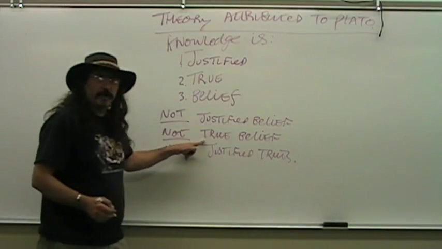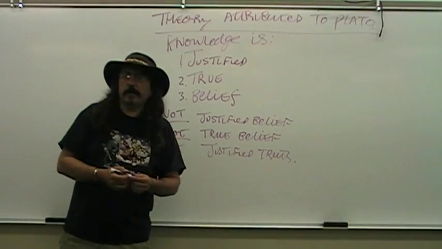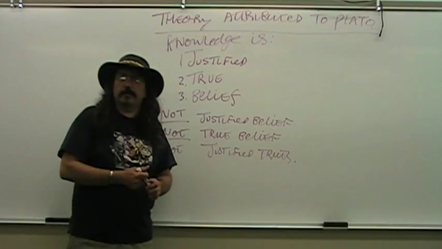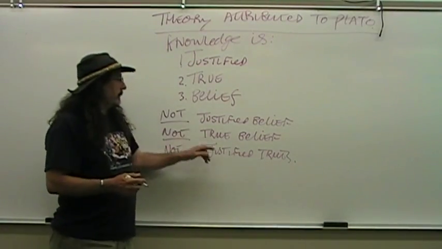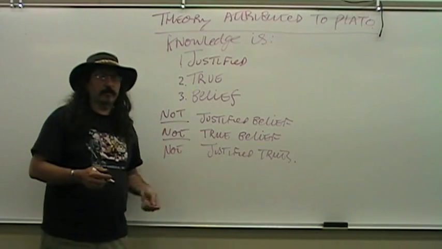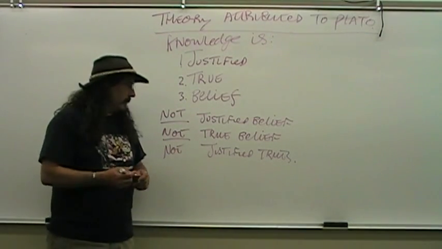Knowledge is not true belief. If a belief is true, that doesn't make it knowledge, according to this theory. If a belief is justified, it doesn't make it knowledge, according to this theory.